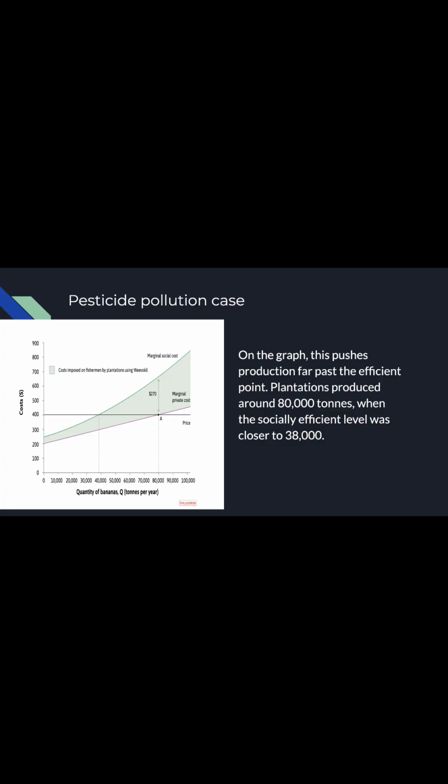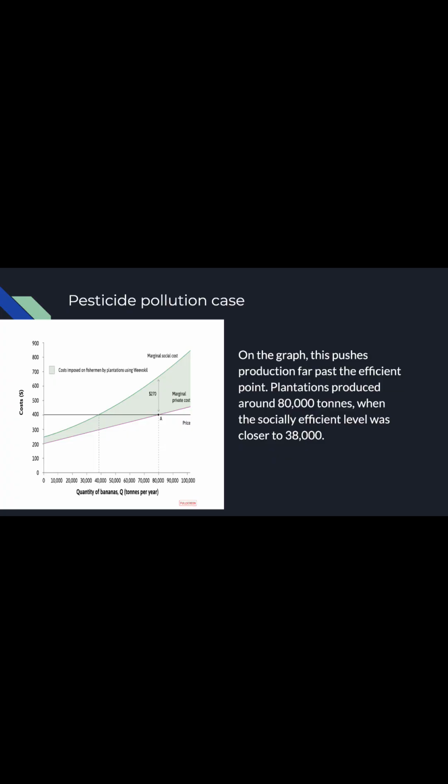The banana plantations used a pesticide called chlordecone. The private cost of using it was low, which is the MPC, but the damage to the fishermen's health and income was high, which is the gap, the line of the MSC. The gap between the two lines is the damage to the fishermen.